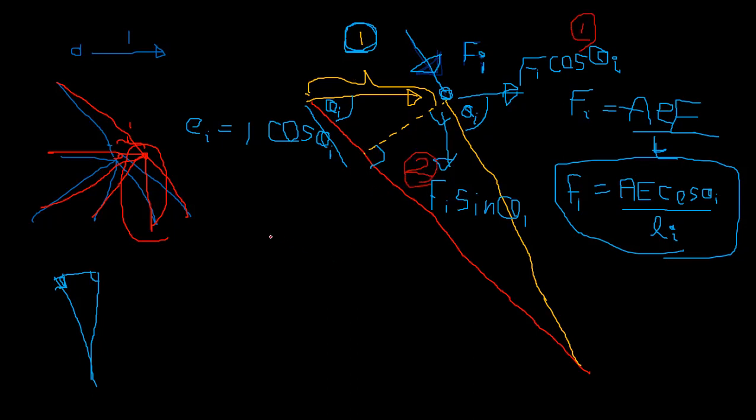So that means S11, for the ith member, we took only one member, there are 5 other members, will be Fi cos theta I and S21 for the ith member is in the positive direction.